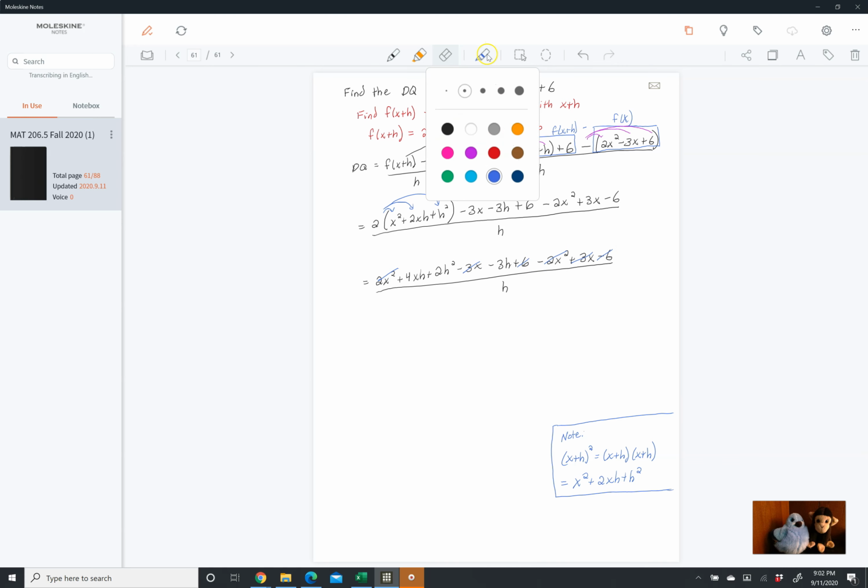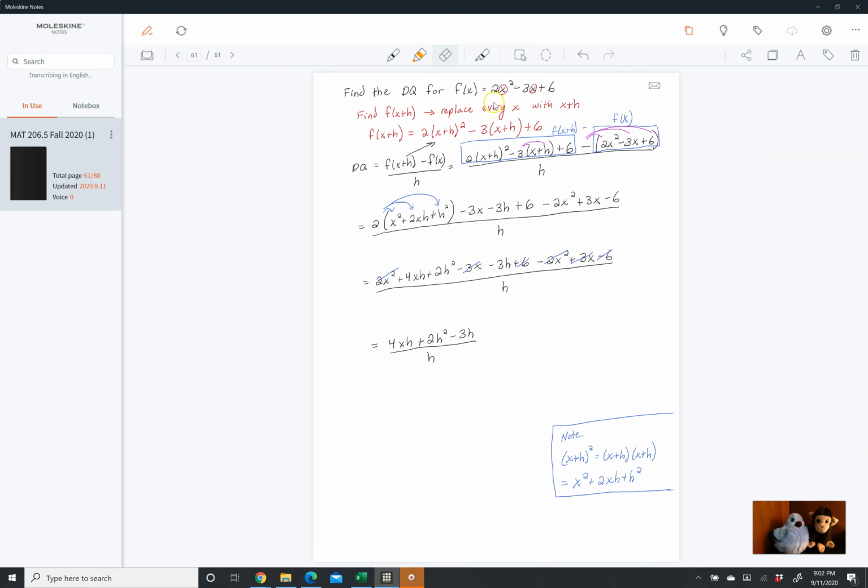So notice what we're left with. Four xh plus 2h squared minus 3h. And this is all over h. Okay, well, we just saw this when we looked at literal equations.